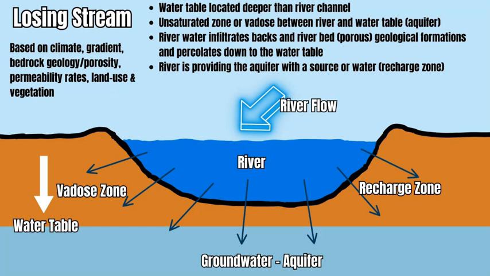However, the arrows denote that there is a flow of water, an interchange of that water from the river to the groundwater, indicating that this vadose zone, this unsaturated zone, is present in rock which has a certain amount of porosity and permeability. So the bedrock, the geology, the precipitation, the gradient, the land use, vegetation amount is going to dictate the exchange of water between the river and the groundwater.